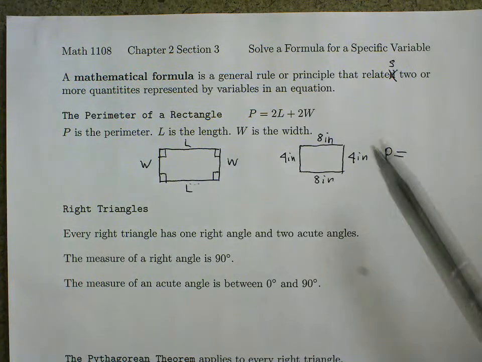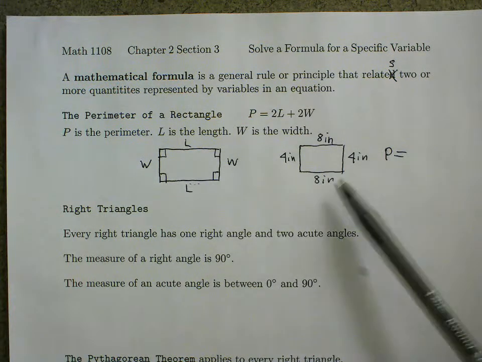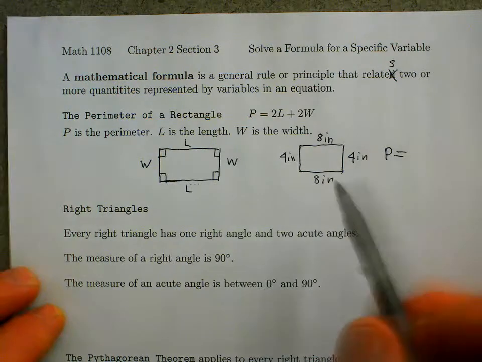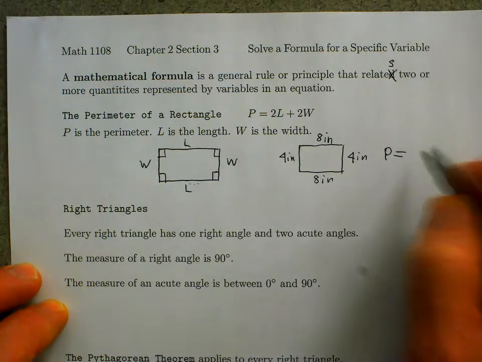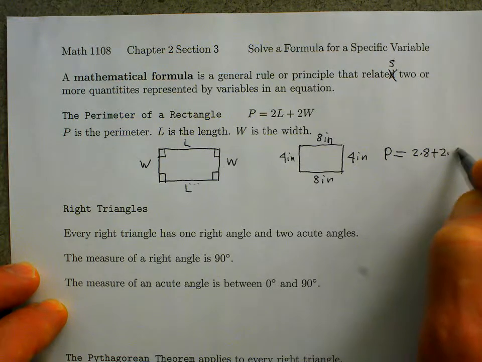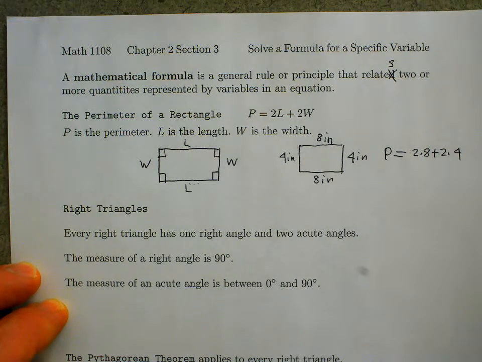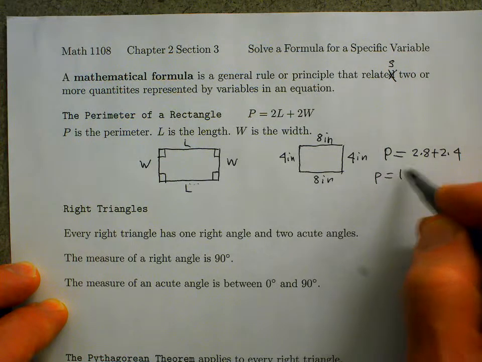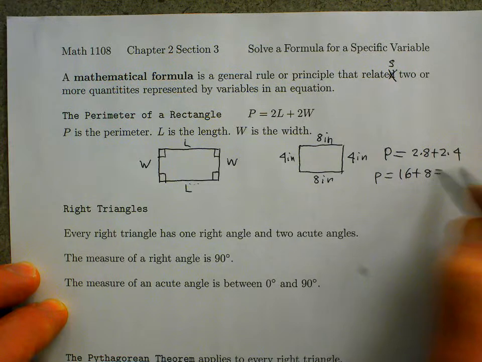Well, you can just add them up, 8 plus 4 plus 8 plus 4. So we get 24 inches. If you want to use the formula, you would just write 2 times 8 plus 2 times 4, and then do the arithmetic. Either way, we get 24 inches.